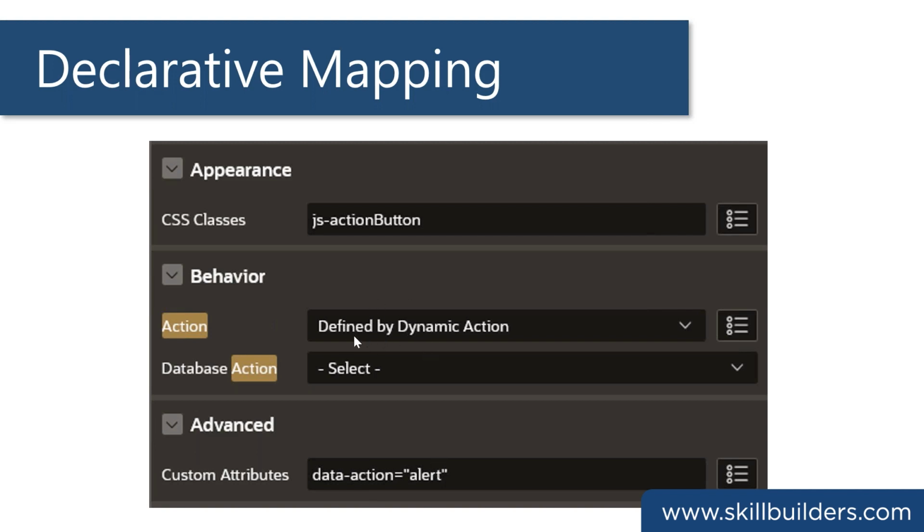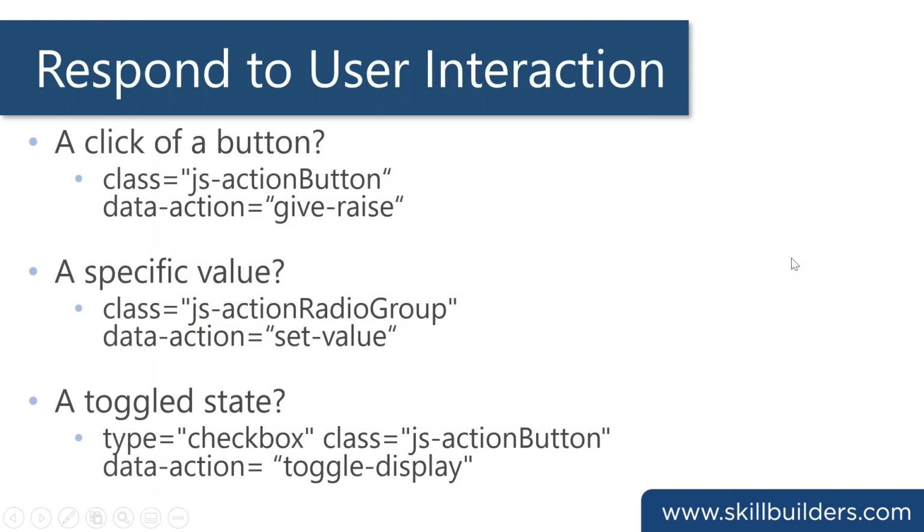It should be noted that defined by dynamic action is the behavior that we would specify for a button. So how exactly do we want to respond to these user interactions?